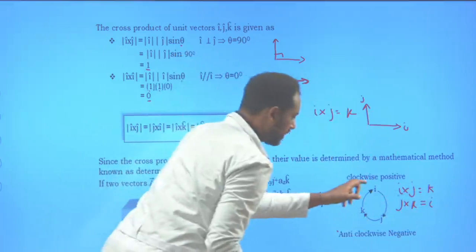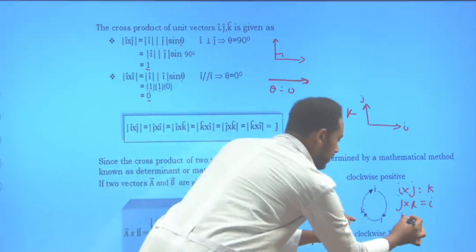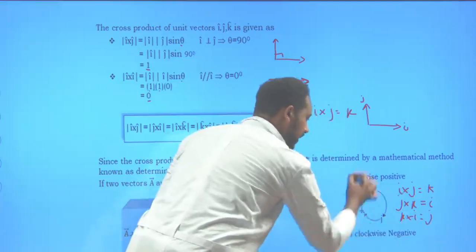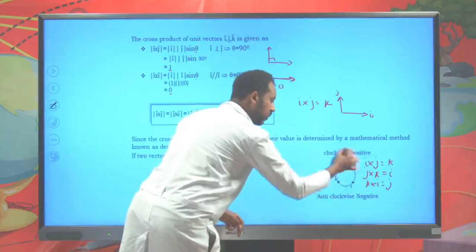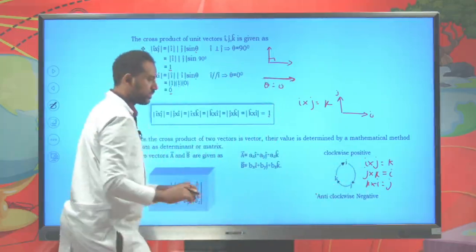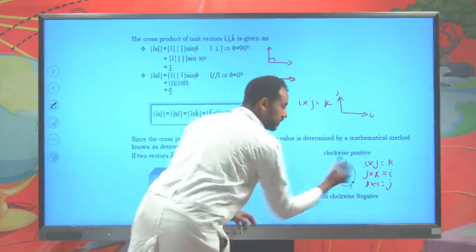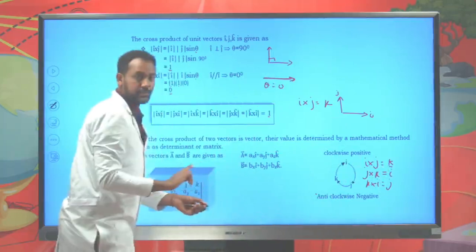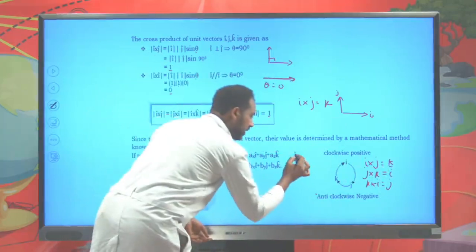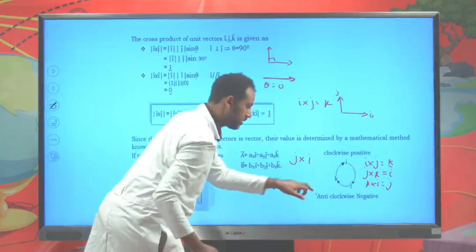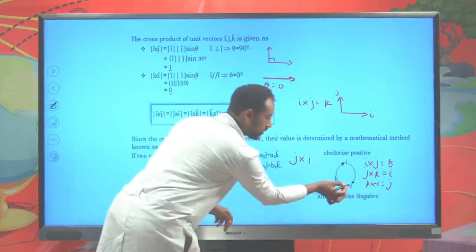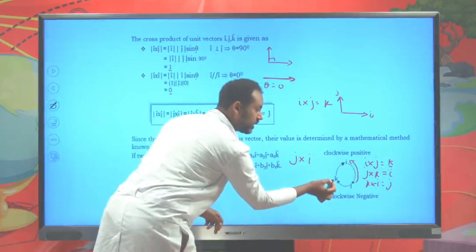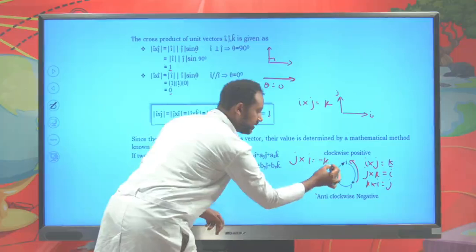And k crossed with i gives you j. When you are moving clockwise, the result is positive. That means i cross j gives us k. But if you are trying to reverse, like j cross i, that means counterclockwise, and it gives you the negative of k, negative k.